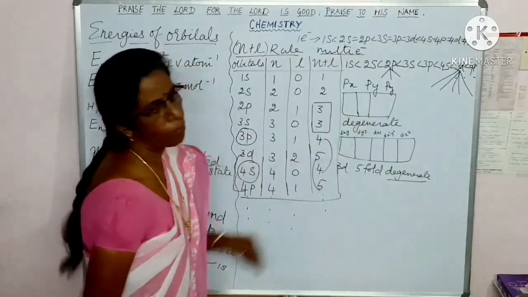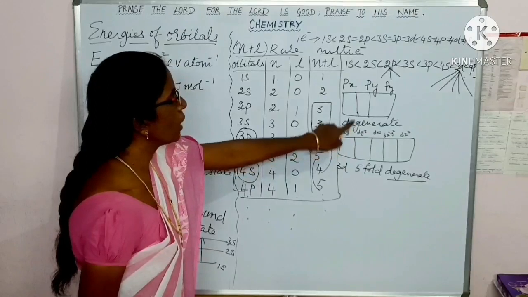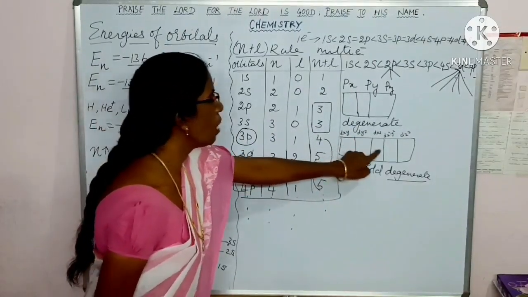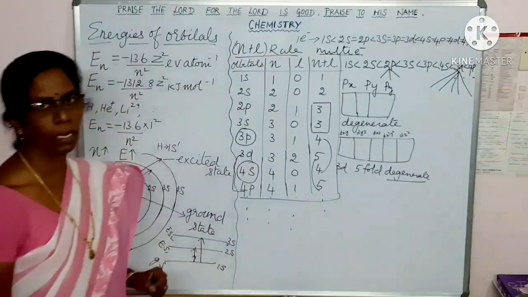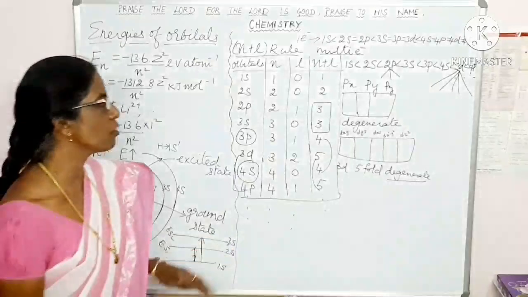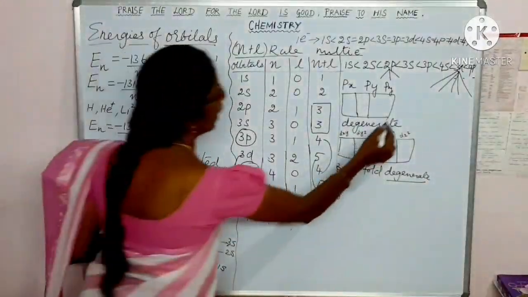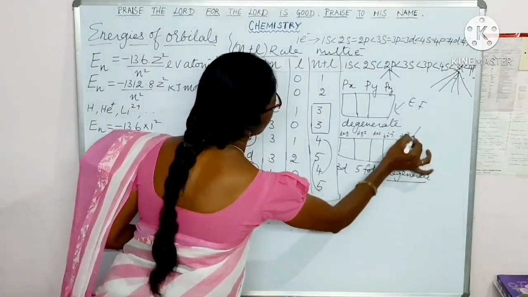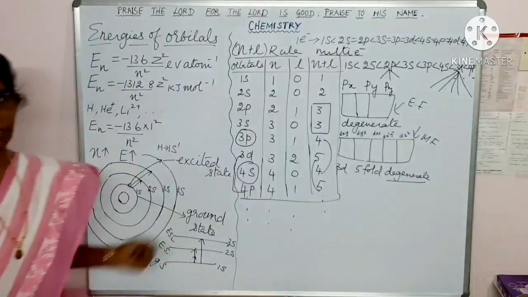These 3 have the same energy, so they are called triply degenerate orbitals or 3-fold degenerate orbitals. Here, since you have 5 orientations, it is called 5-fold degenerate orbitals. So degenerate orbitals means having the same energy. But when you apply either an electric field or a magnetic field, this degeneracy will be lost.